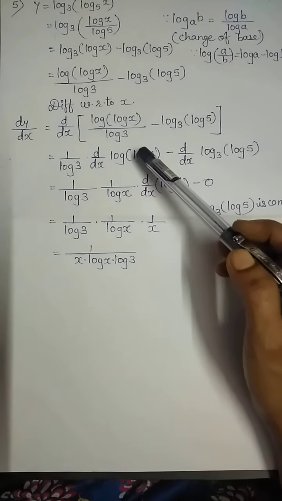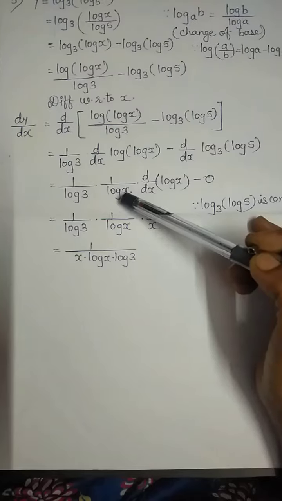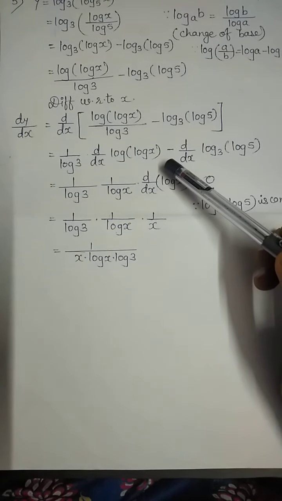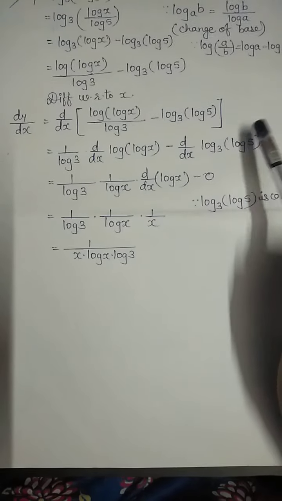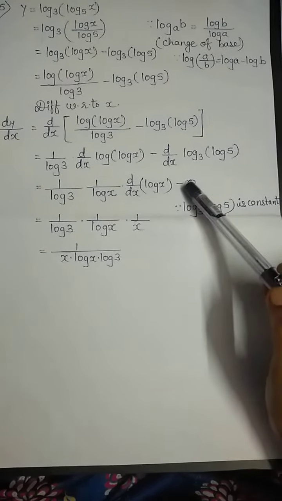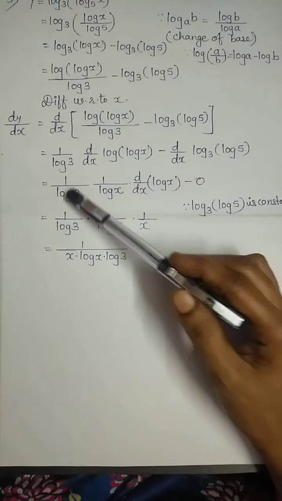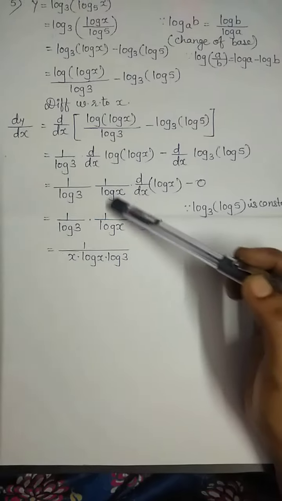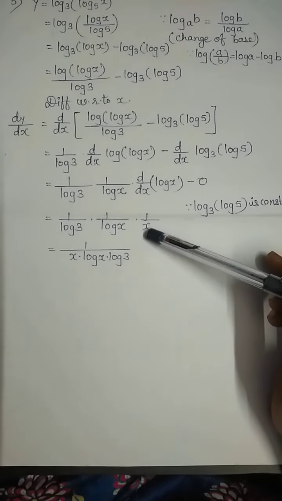So derivative of log x is 1 upon x, that is 1 upon log x, into the term which we have considered as x, that is derivative of log x. And we know derivative of constant is 0. So here we will write 0 because this is constant. So 1 upon log 3 into 1 upon log x into derivative of log x, that is 1 upon x.